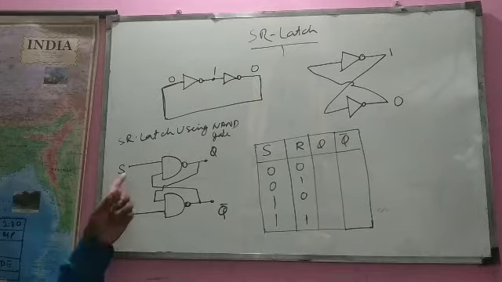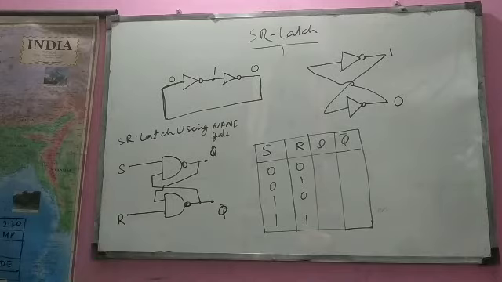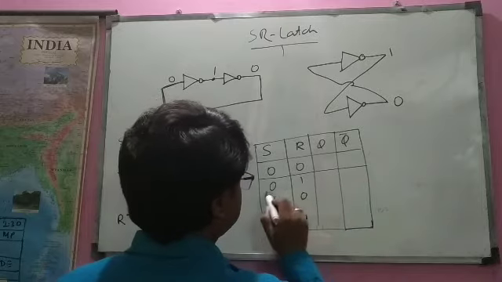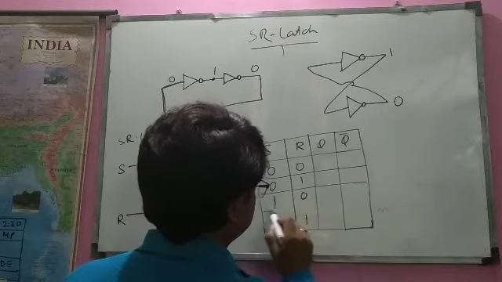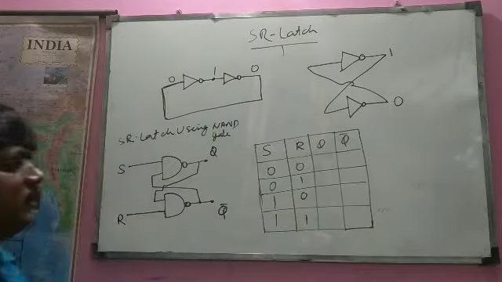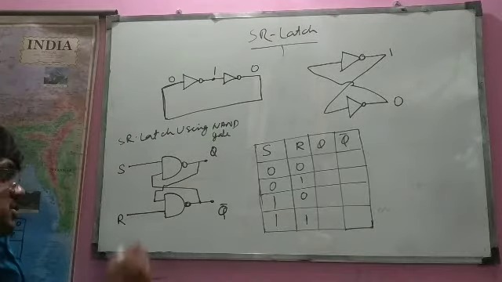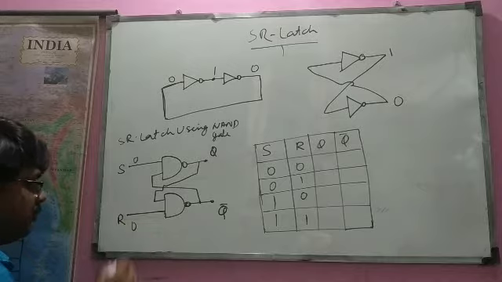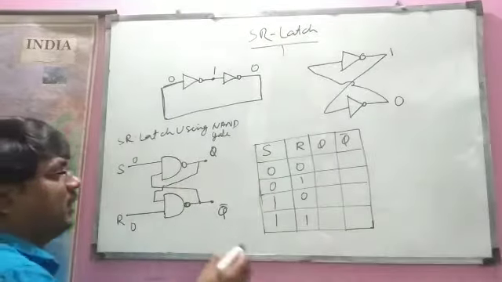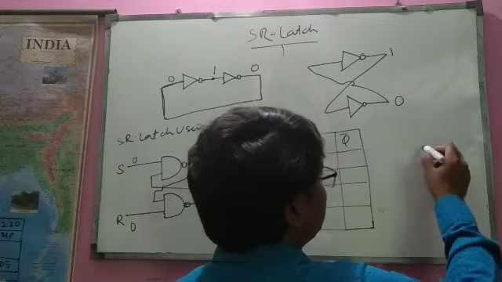See, if this is S and this is R, then what will happen? Let us suppose this is 0 and this is also 0. What will happen if this is 0 and this is 0? So see the output of NAND.